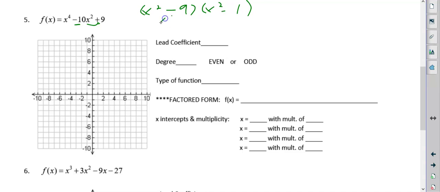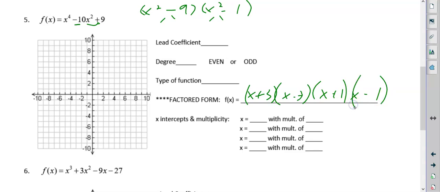Which means those are going to both break down into difference of squares, which is x plus 3, x minus 3, x plus 1, x minus 1. So there's my 4 intercepts: negative 3, negative 1, 1, and 3. There's no repeats. These are all going to have multiplicity of 1. So negative 3, negative 1, positive 1, positive 3.